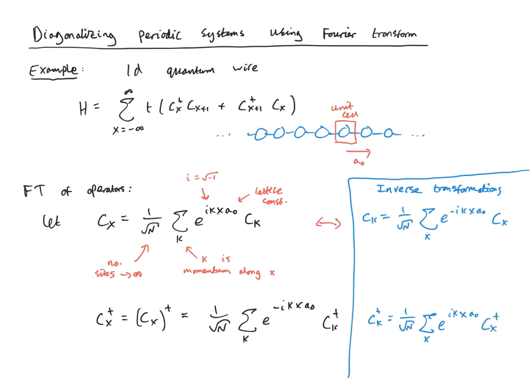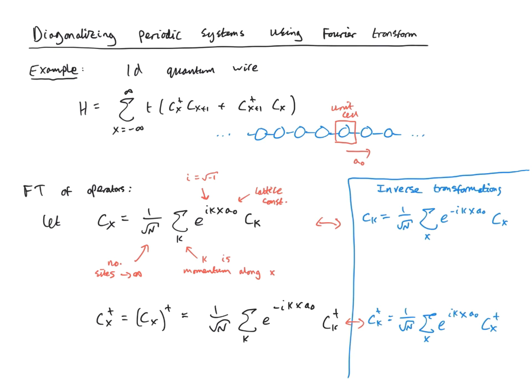Okay, so again, these are the corresponding equations. So they're basically everything we need to go backwards and forwards between real space and momentum space. At the moment, these are just arbitrary looking transformations. I've pulled them out of the hat from nowhere.